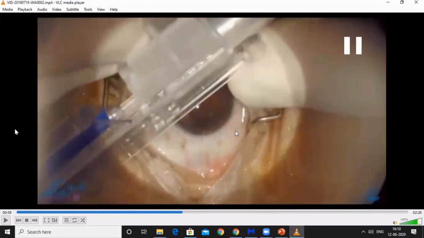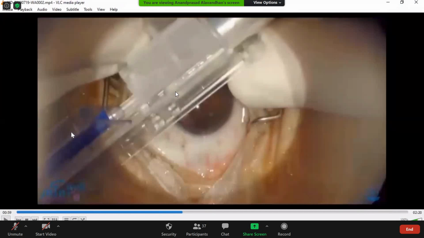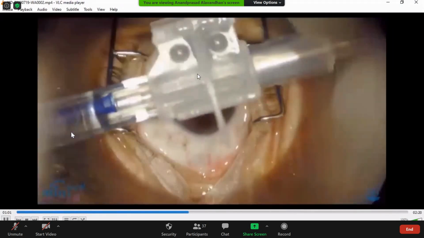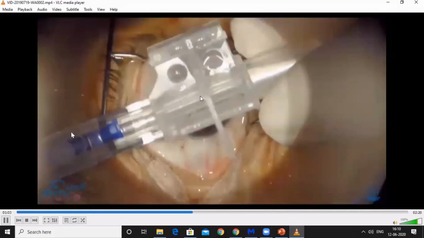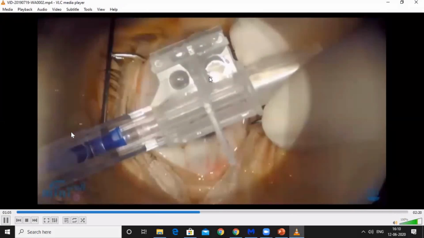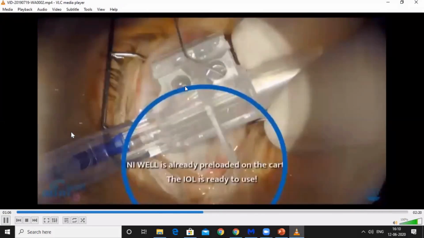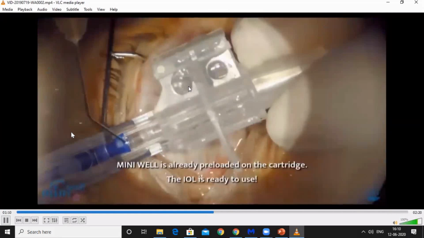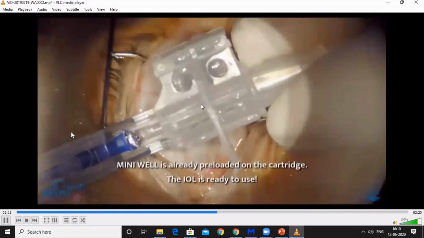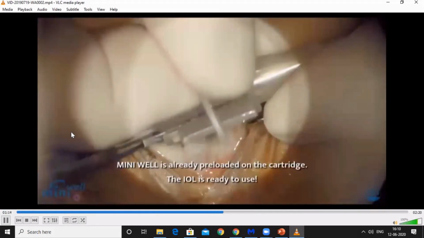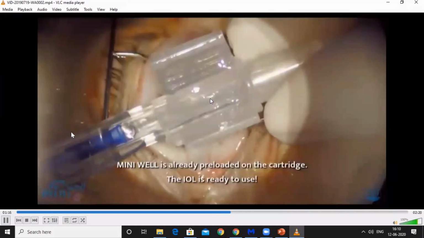These lenses come with an injector. This is the injector of the lens, and this is the vial inside which the IOL is kept. The surgeon will inject the viscoelastic inside. So here the lens will be there.